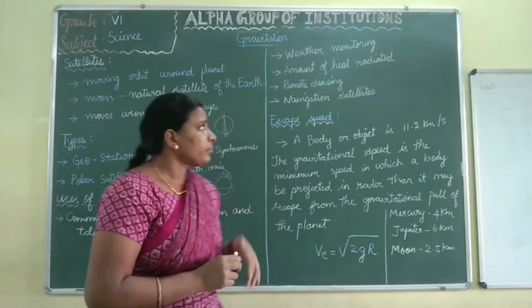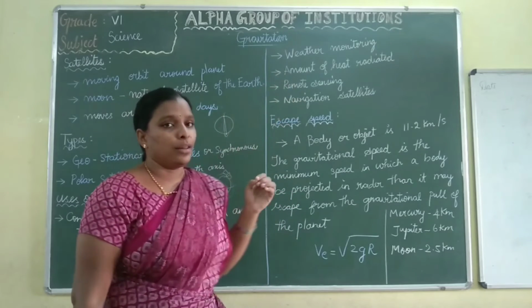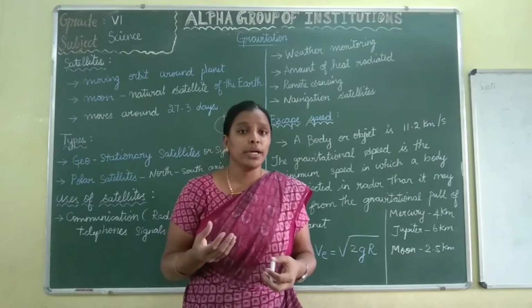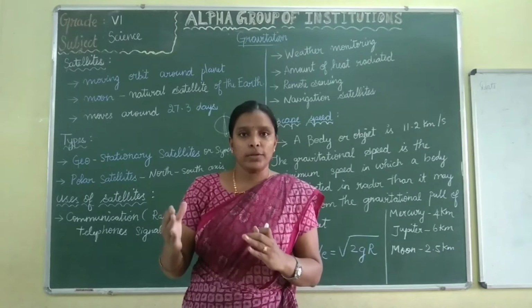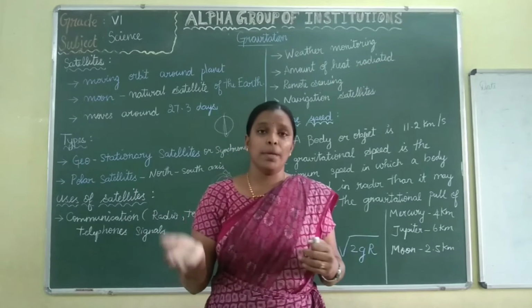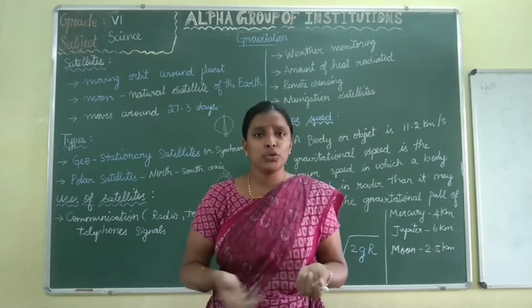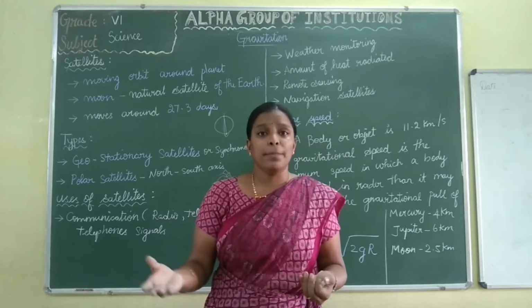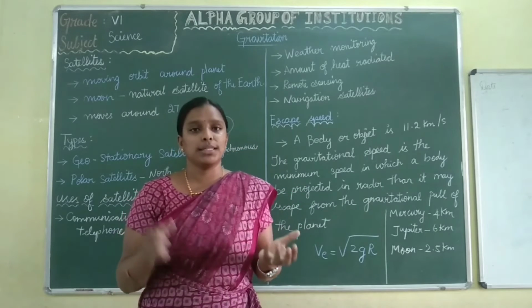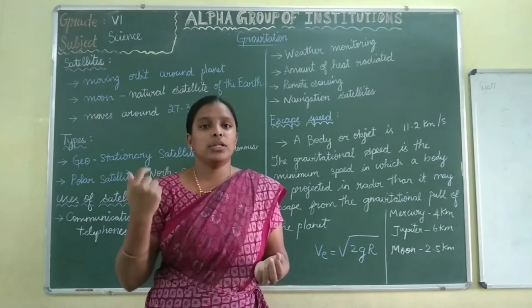Okay. Next, weather monitoring. We know well how it works, even daily you know: in the morning the weather will be like this, in the afternoon it will change, it may rain, or there may be a storm, or it will be sunny. We are able to say this before the day begins, right? Because of the satellite only, we are able to know the climate and how the weather on Earth is changing.